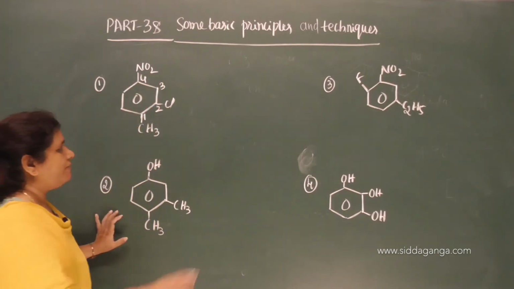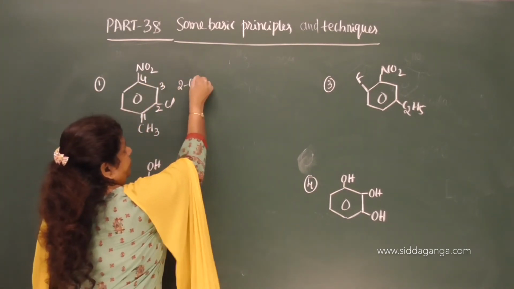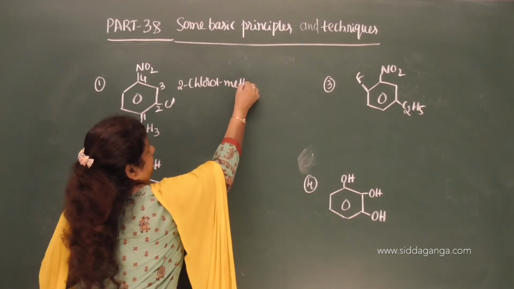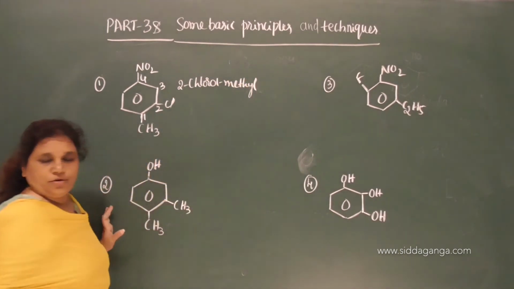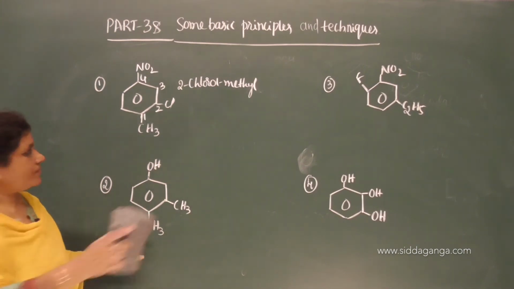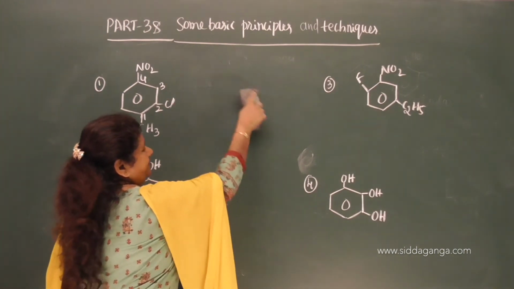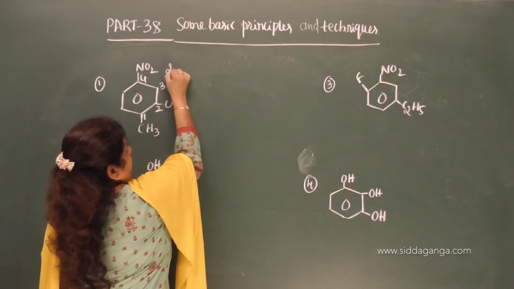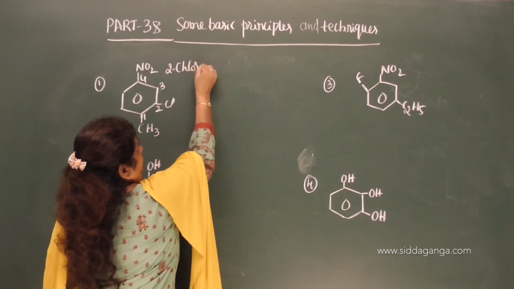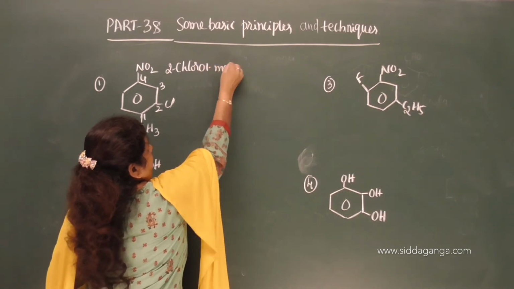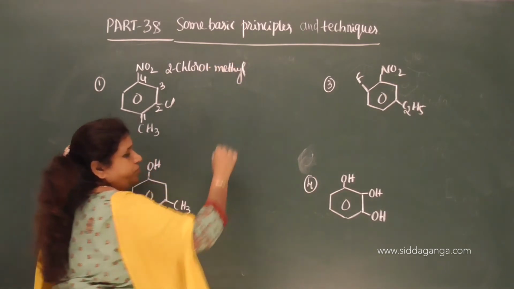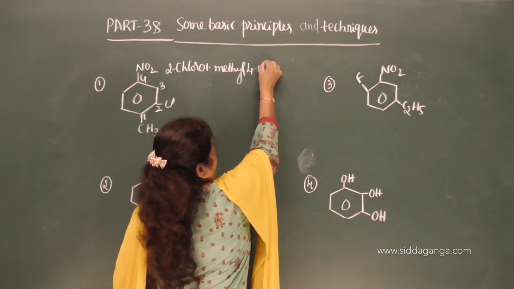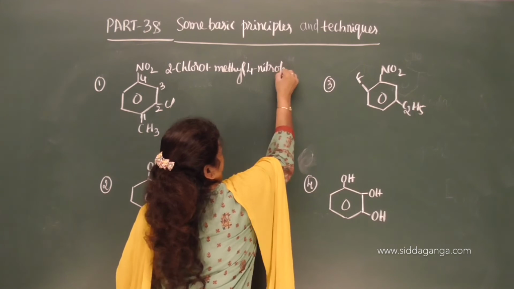Now you arrange in alphabetical order. 2-chloro, 1-methyl, 4-nitro benzene.